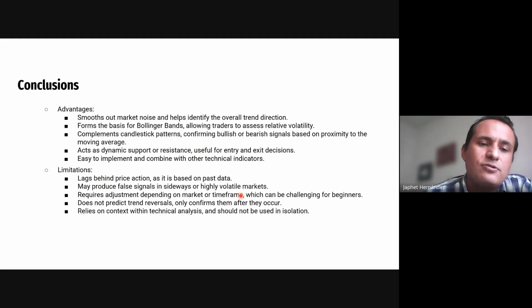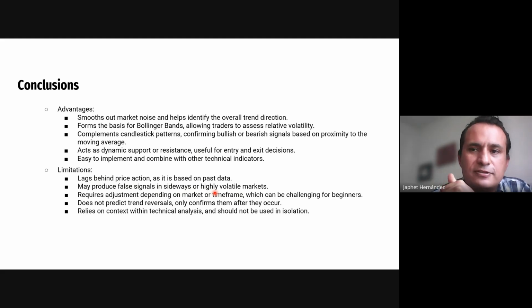Why is it limited? There's some lag behind the price action because it is based on past data. We are calculating that moving average with past information. And since it is past information, it is not sensitive to external shocks or the sentiment of the market if there's a shock. So it may produce false signals in sideways or highly volatile markets.